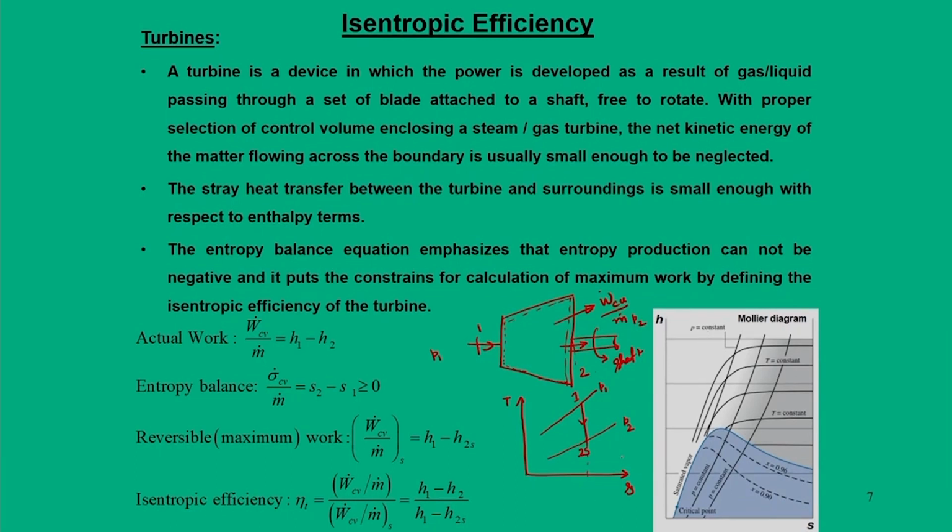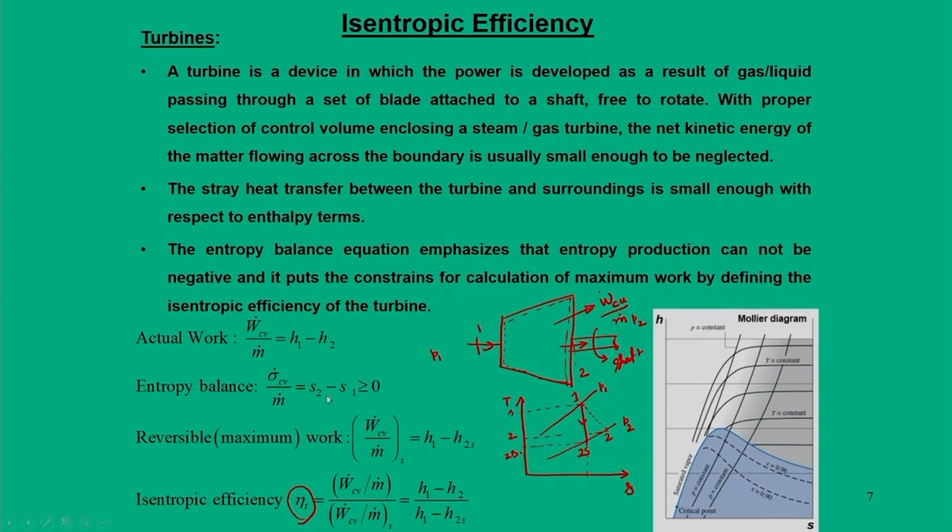Remember that this is an isentropic process and is a vertical line, but if there are internal irreversibilities, then the actual process will land at point 2, at a higher temperature. In other words, gas in a non-isentropic process has not expanded fully. So, there arises the term isentropic efficiency of the turbine.